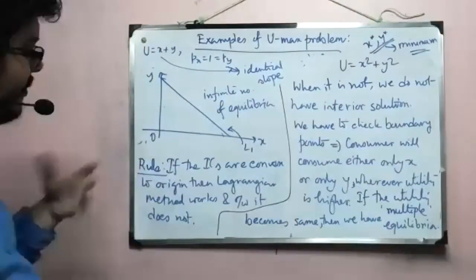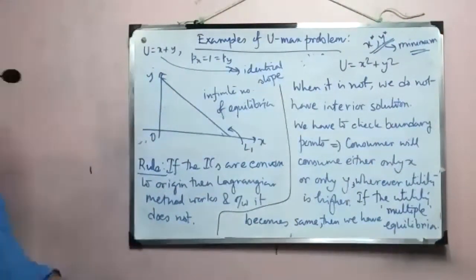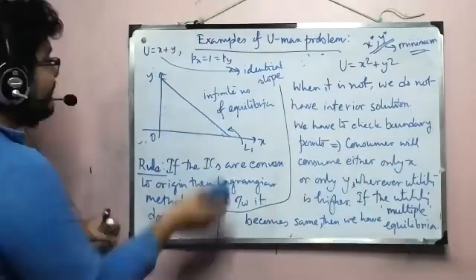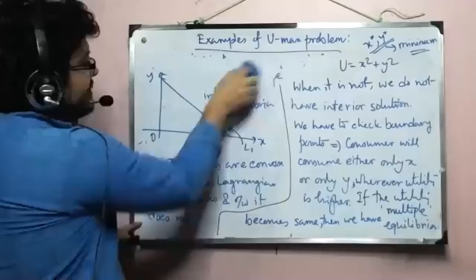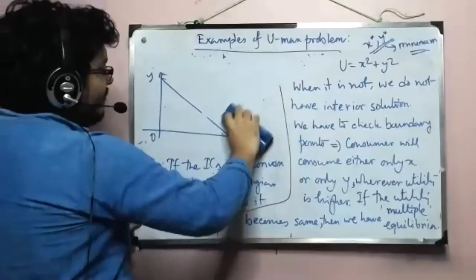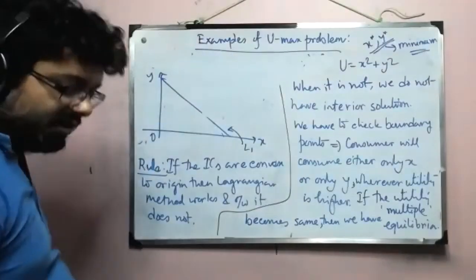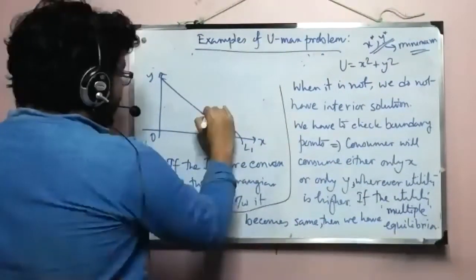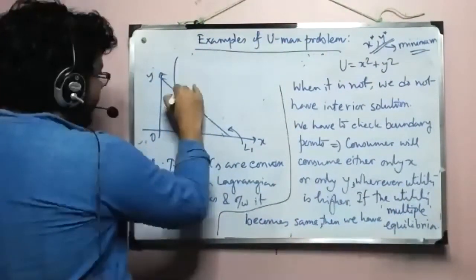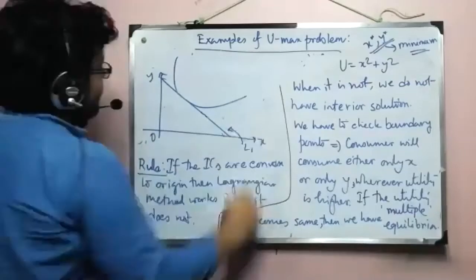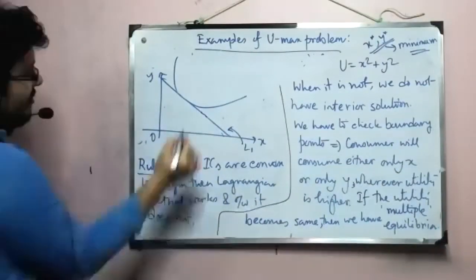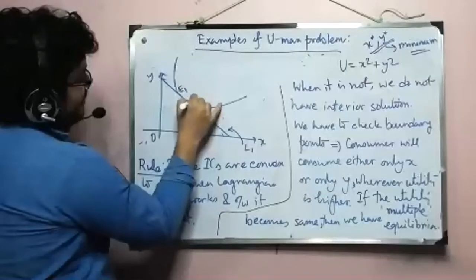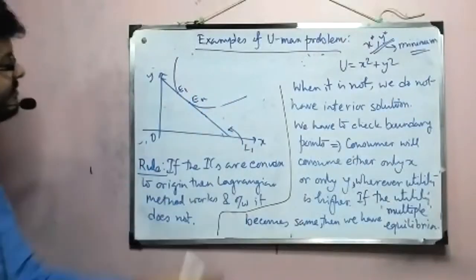Now just to extend this a little bit, this problem can appear even if an IC is not convex but has a linear region. So this can appear when an IC is convex, but here it has a linear region and goes like this. So in this case also, as we have learned earlier, E1 to some En, we have multiple equilibria.